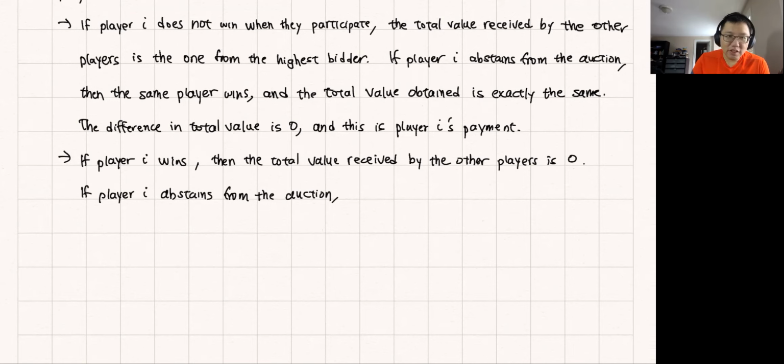Somebody is still going to win the auction when player I is not in there, and that person is the one who bids the highest among the rest of the players.